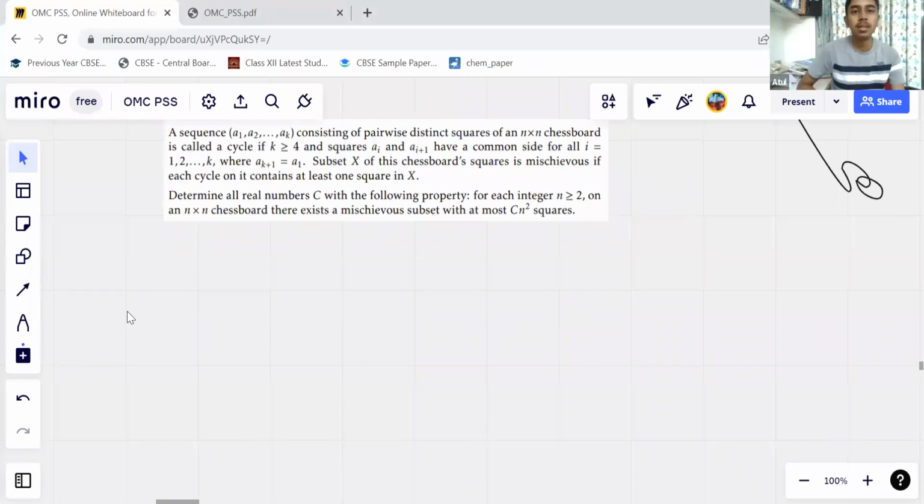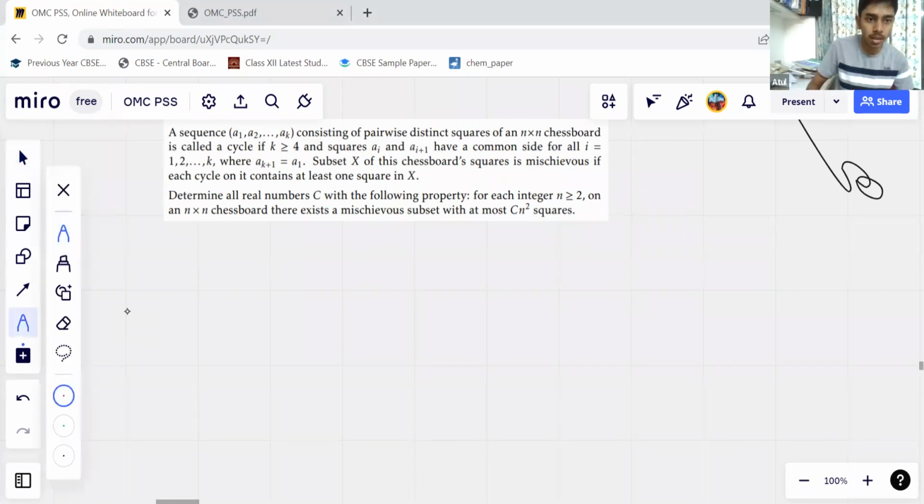Okay. Sequence. Oh, chessboard. Each cycle. Okay, so a cycle is what you would expect it to be.